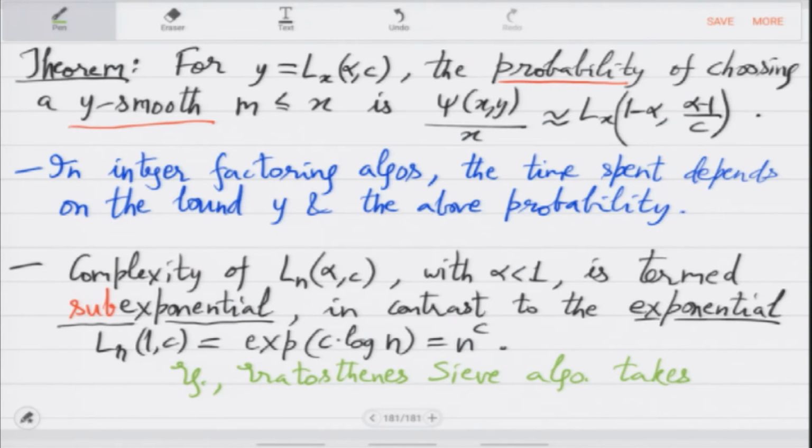So the complexity will be around square root n, which is c equal to half. So that takes L_n(1, 1/2) time.